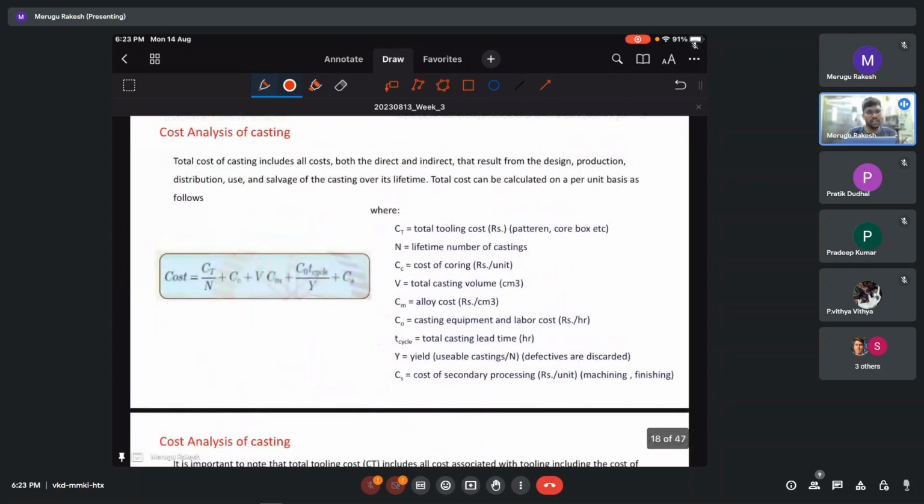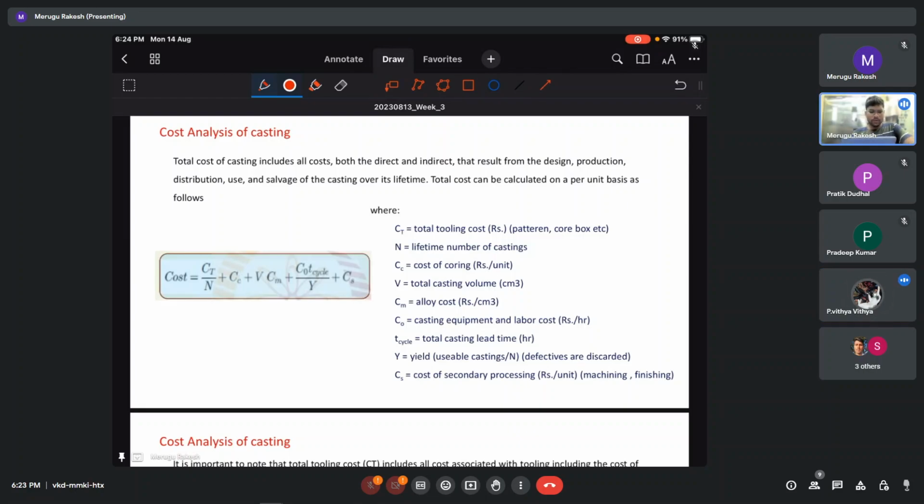Then comes the cost analysis. I will just briefly discuss cost analysis in casting. In this cost analysis, we are taking care of every single operation that is involved. Okay, let us see the terms. Any doubt? Okay.